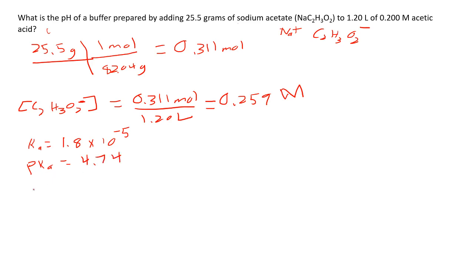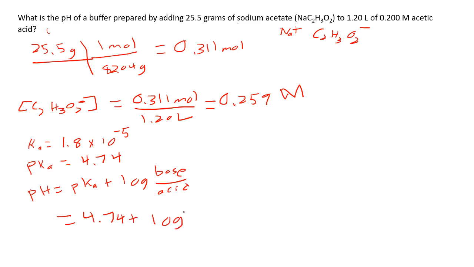Take the negative log. So now that we have this, we can use our Henderson-Hasselbalch equation, which is that pH equals pKa plus the log of our base over our acid. So if we solve for this, our pKa was 4.74 plus the log. Our base is our acetate ions, that's going to be 0.259, and then our acetic acid is 0.200 molar.